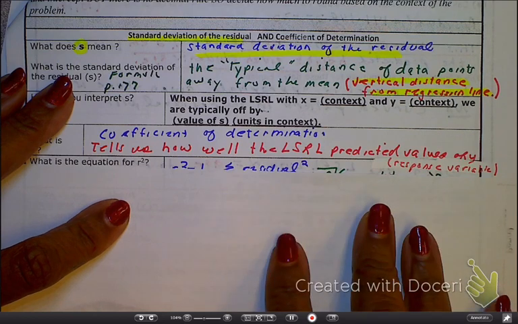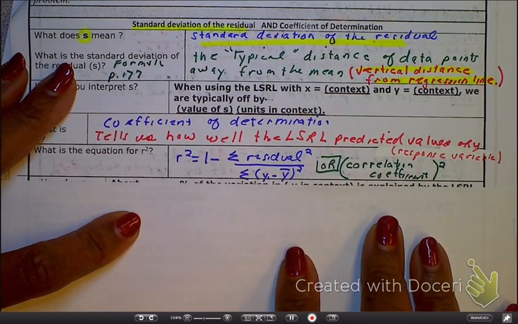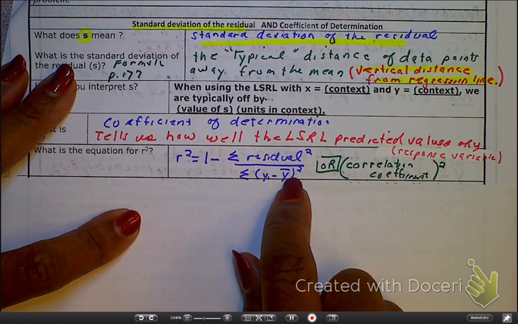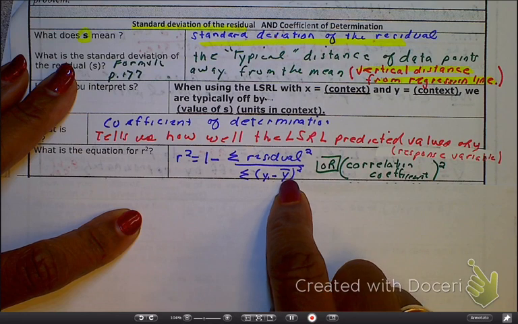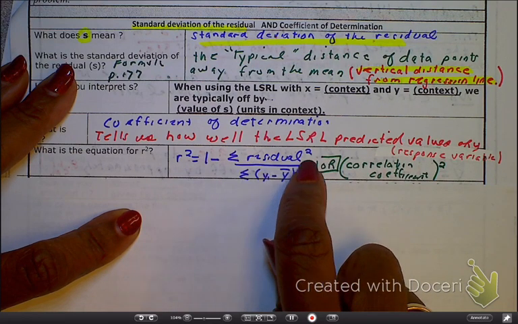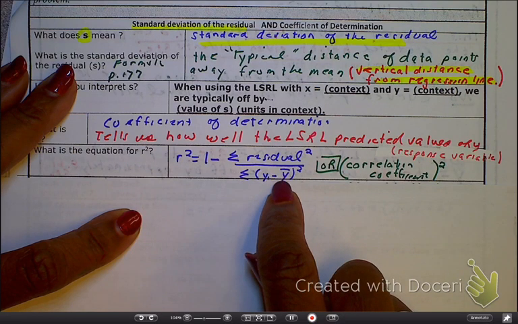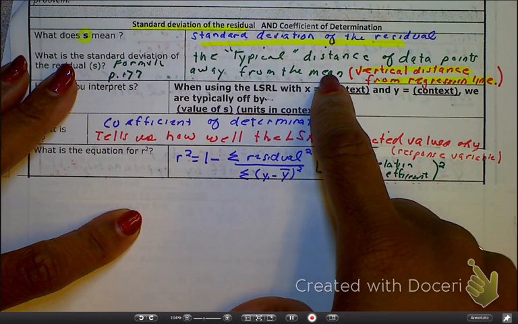Now, as I give you formulas for that, here's one formula, which honestly is just a multiple choice question waiting to happen. And we can see what's happening here, the sum of the residuals squared. Here, we're taking each piece of data for the response, comparing it to the mean, which takes us to that, again, multiple choice question waiting to happen.